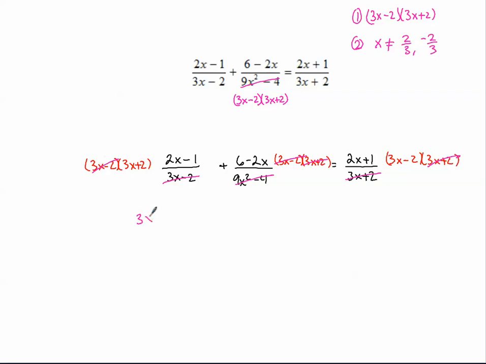We're left with a 3x plus 2, 2x minus 1 from the first term. Second term, I'm left with a plus 6 minus 2x times nothing, so I just have that left over. So I don't really need this in parentheses anymore, so I'll get rid of that.